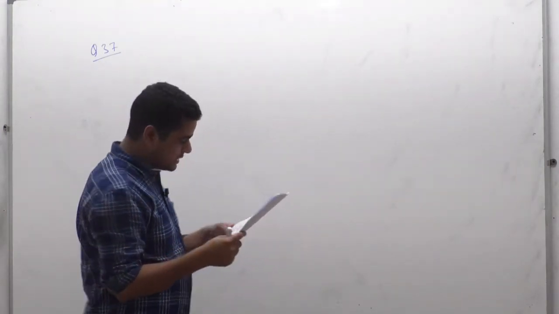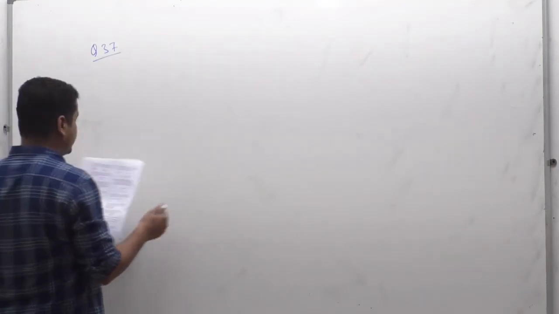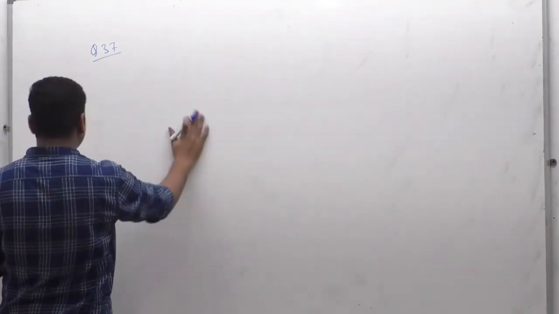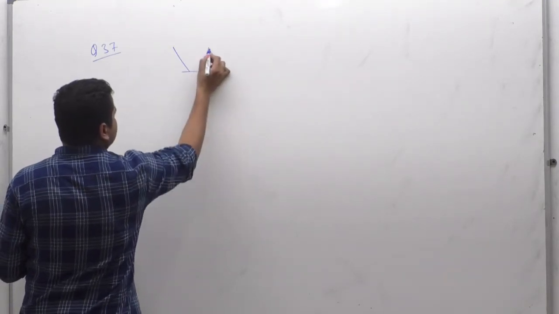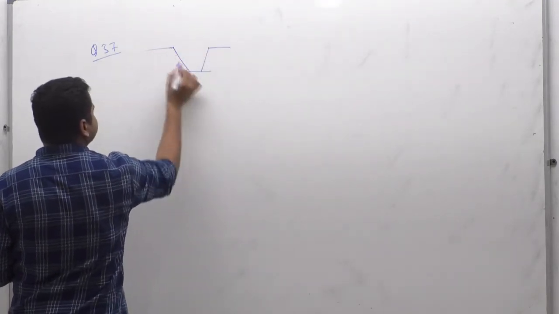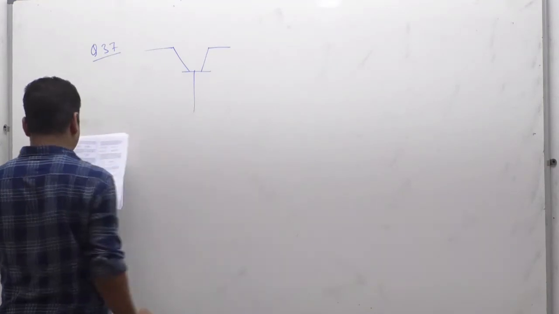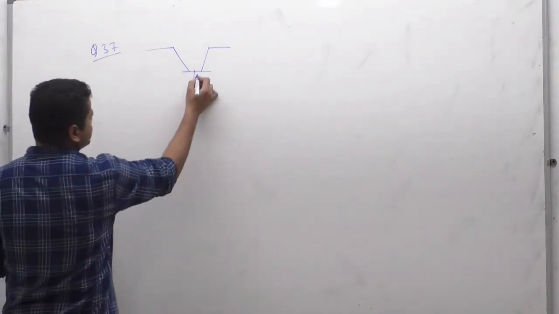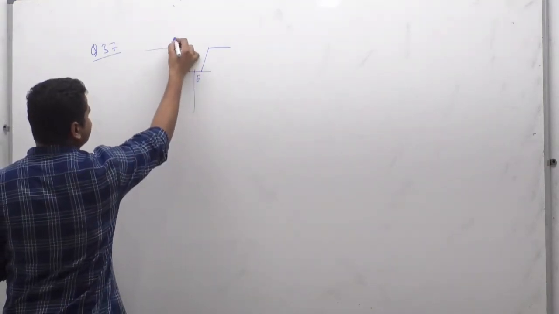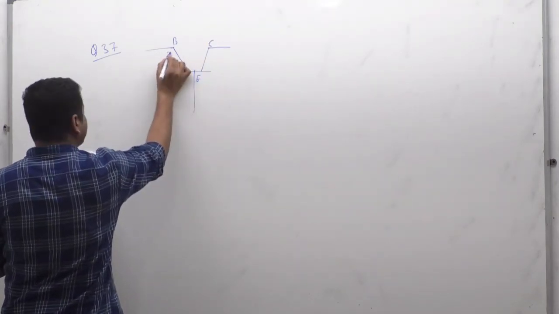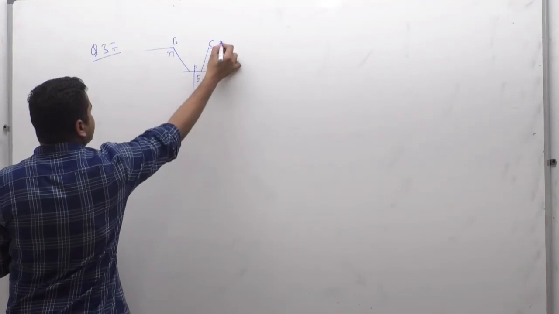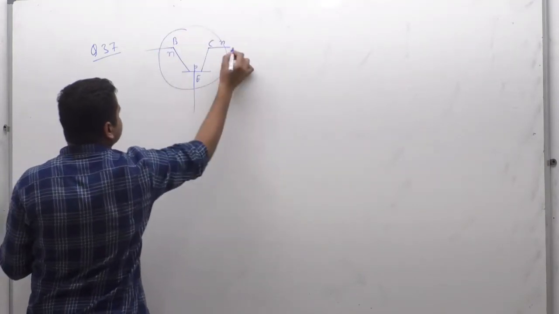So this is common emitter configuration. This is the emitter, this is the base, this is the collector, and this one is an NPN transistor, like this.